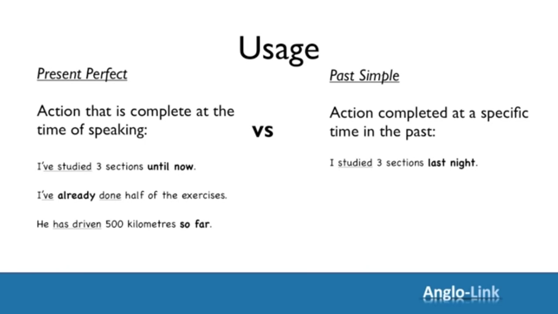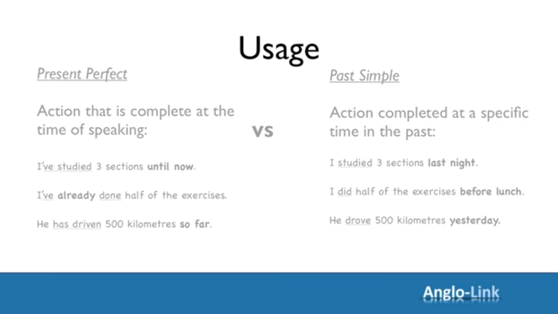Let's add a specific time in the past. And the verb changes to I did half of the exercises before lunch. And our final example, he has driven 500 kilometers so far. Let's add the specific time in the past and watch the change from present perfect to past simple. He drove 500 kilometers yesterday.